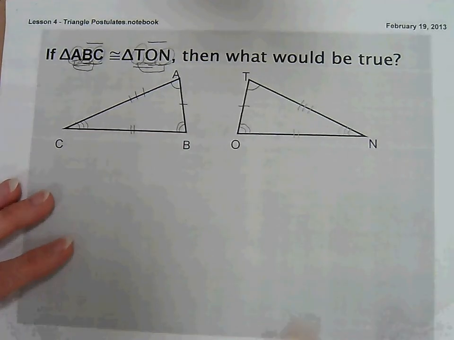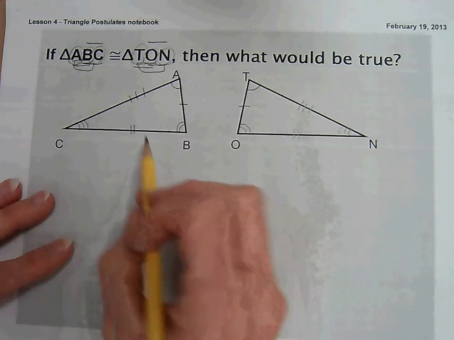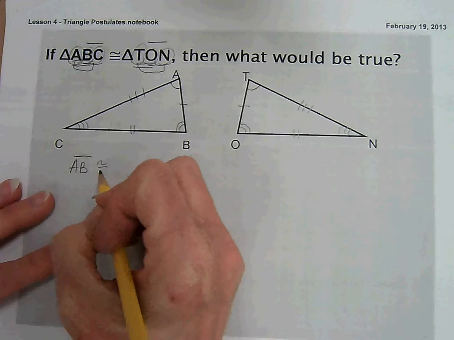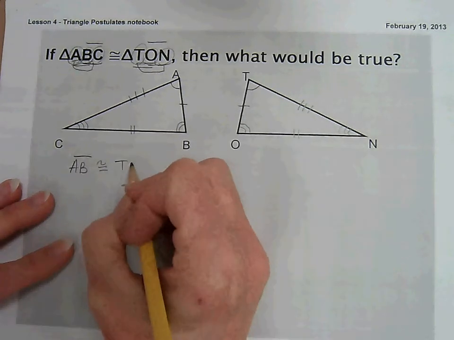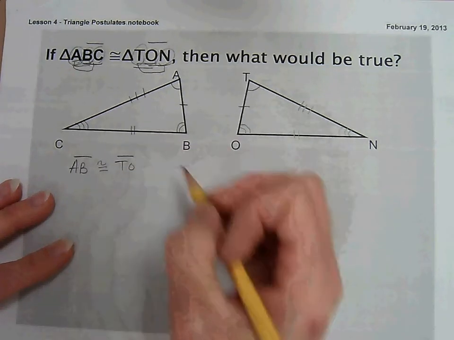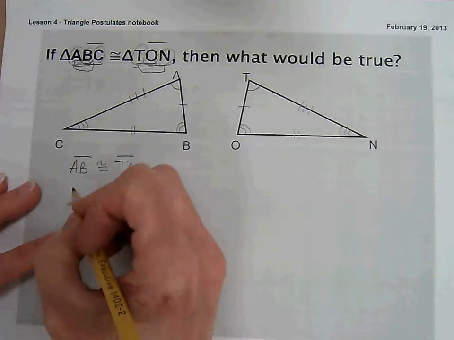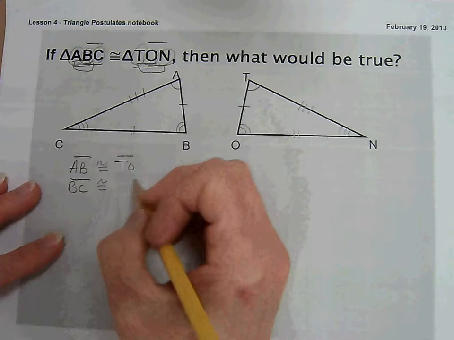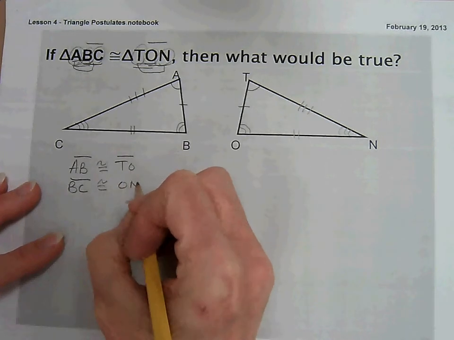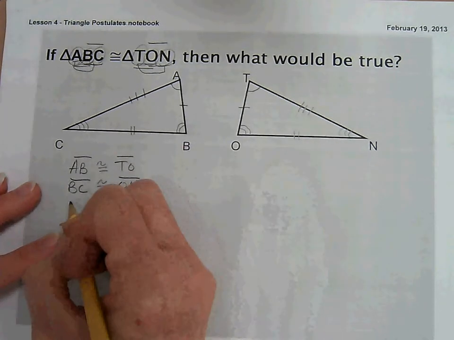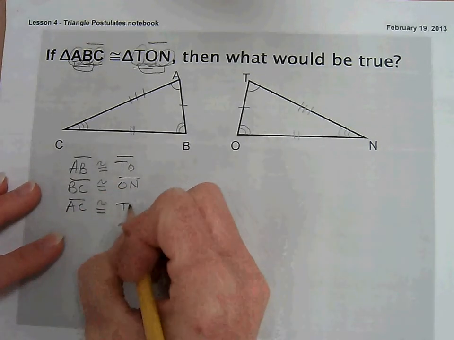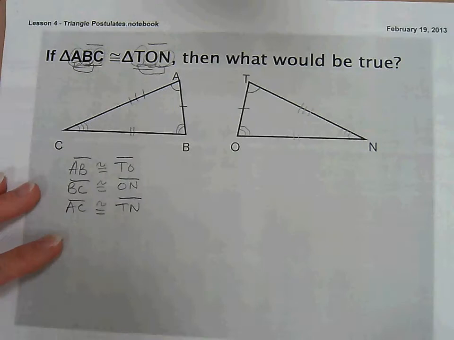So we ended up with all the sides: AB congruent to TO, and BC congruent to ON, and AC congruent to TN. All right, so that's three of the sides.